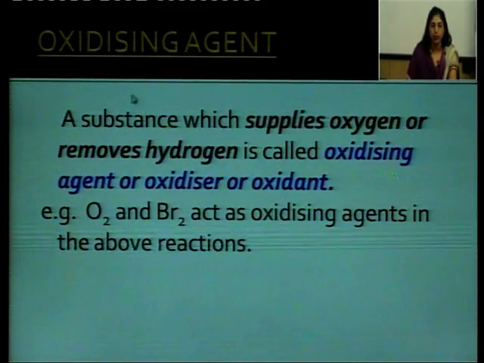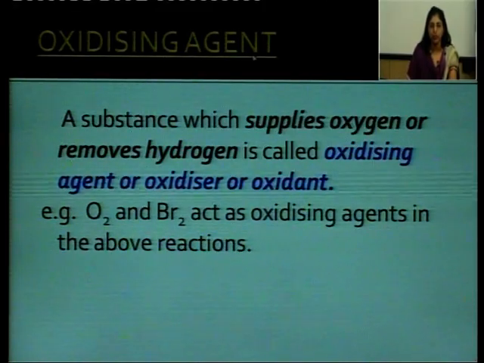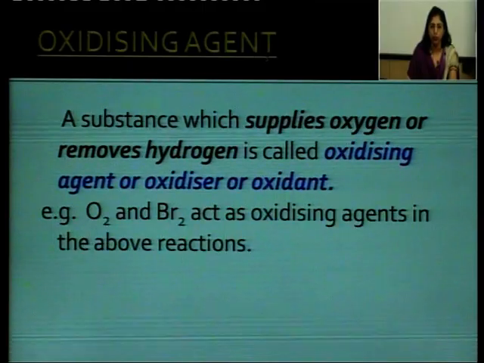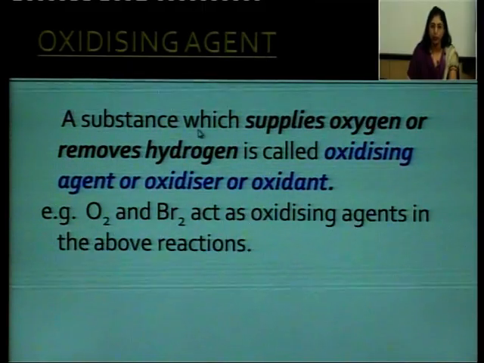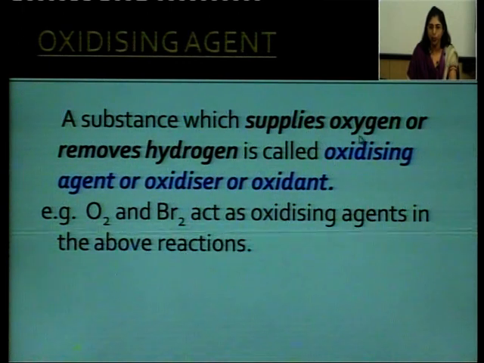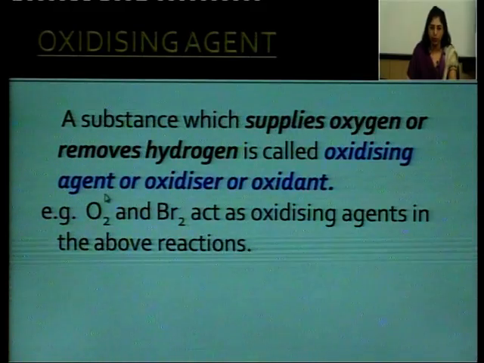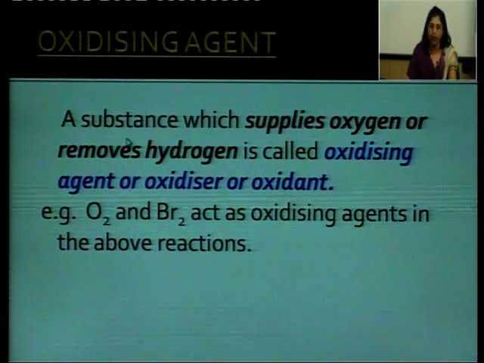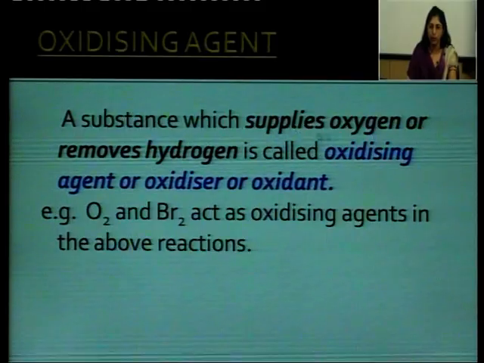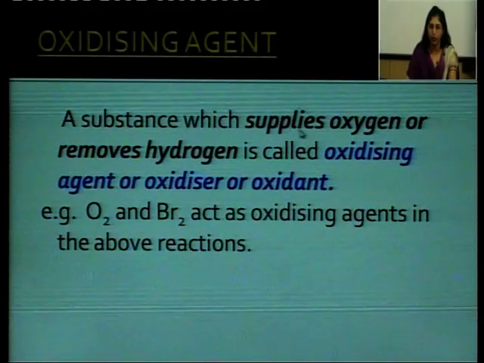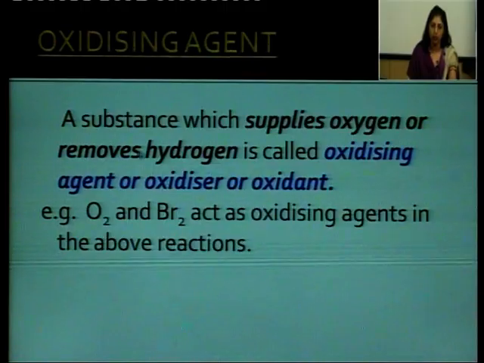Now, what is an oxidizing agent according to the classical concept? A substance which supplies oxygen or removes hydrogen is called an oxidizing agent. That means, it is that substance which either provides oxygen for its addition or helps to remove hydrogen.